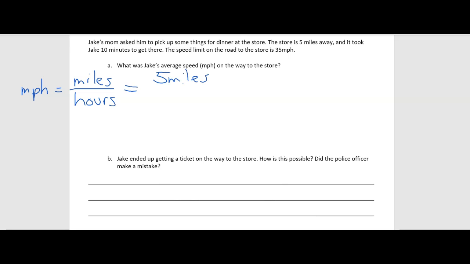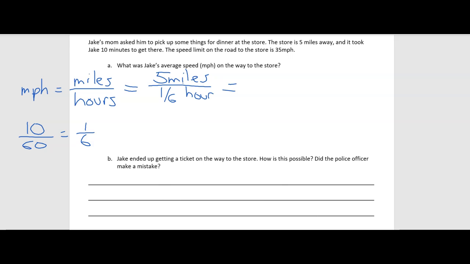We don't know the number of hours, at least not directly, but it does tell us it took him 10 minutes. So to convert minutes to hours, we're not going to go through this in too much detail, but 10 divided by 60 gives us 1/6. So it took him 1/6 of an hour to get to the store.